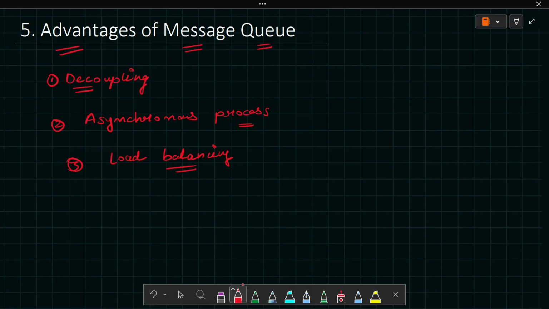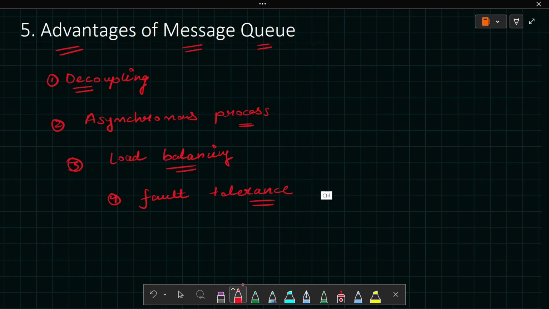And the fourth is fault tolerance. How can a message queue be fault tolerant? A persistent message queue ensures that messages are not lost even if a consumer or producer fails.